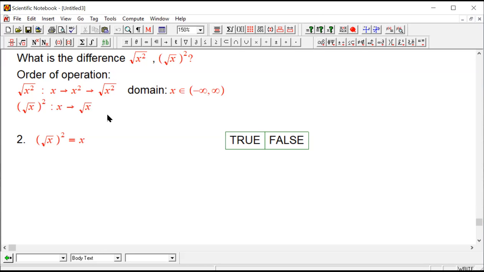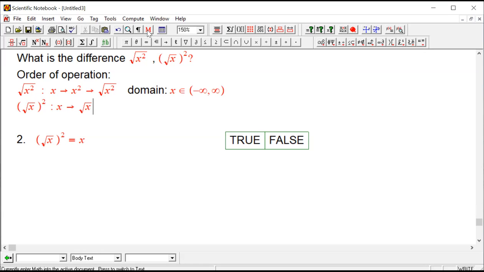This step requires, if you go back to the first week or second week when we talked about functions, in our discussion of domain and range, this function was discussed. This is the domain of this function at this point.